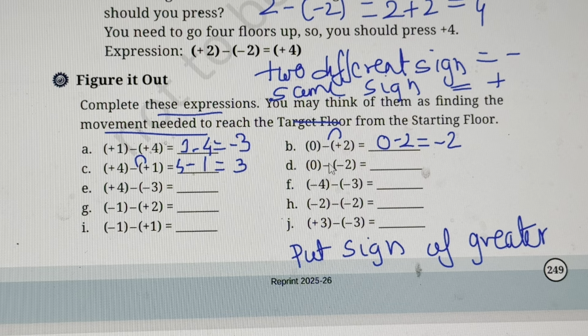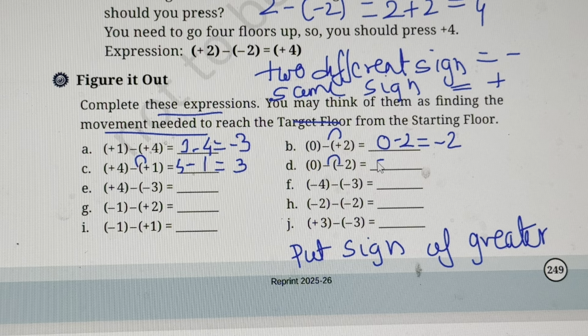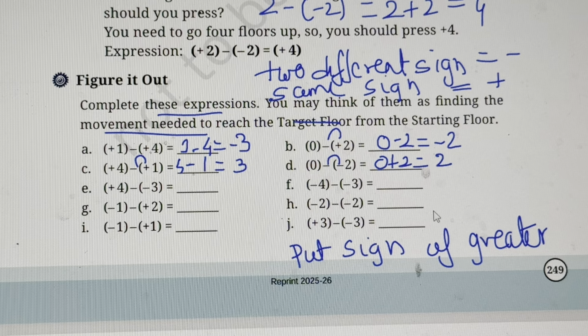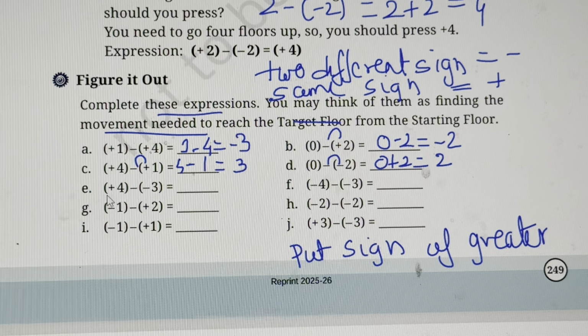Now minus minus becomes plus. So 0 plus 2. Anything added to 0 gives you the same number, so 2. Okay. Then E, 4 we write as it is, plus 4. This again minus minus becomes plus. So 4 plus 3 is 7. Both are positive, so we add them.